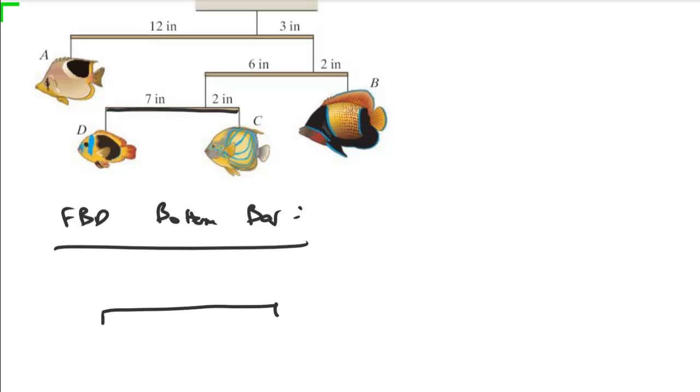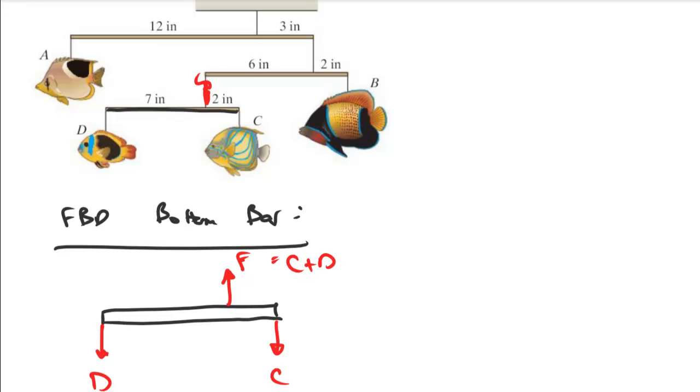Here's the bar, and here's C, the weight of C, and the weight of D. Instead of W, I'll just call them C and D. Then there's this string, with some force in the string that pulls it up. This is what's going to keep it in translational equilibrium. If I sum the forces in the y direction, the magnitude of F has to be equal to C plus D.